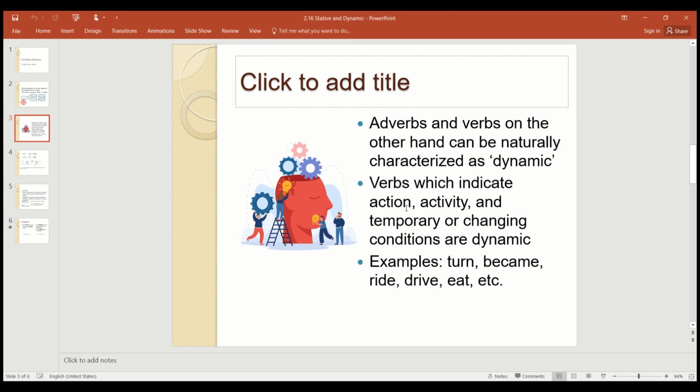So the verbs that show action, the verbs that do not show permanent situations, verbs that show temporary or changing conditions, these are called dynamic. Verbs such as run, turn, become, became, ride, drive, eat, play, discuss, these verbs are dynamic.